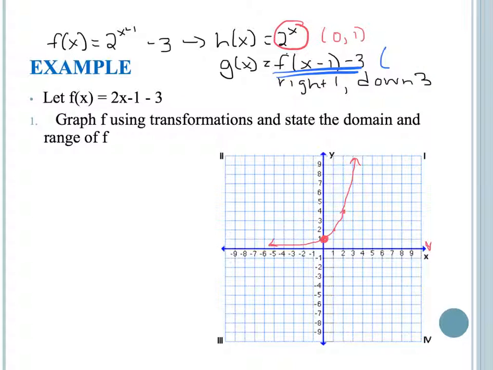I'm starting at 0, so I'm going over 1. All right, yeah, it's over at 1. And then I was at 1, I'm going down 3, so I'd be at negative 2. And I'm going to do my best to trace just kind of right underneath what I had before. My asymptote is down here, oops, at negative 3, not negative 4.